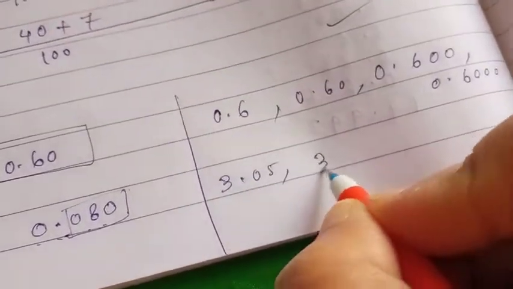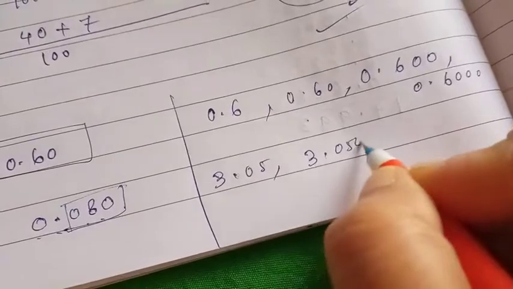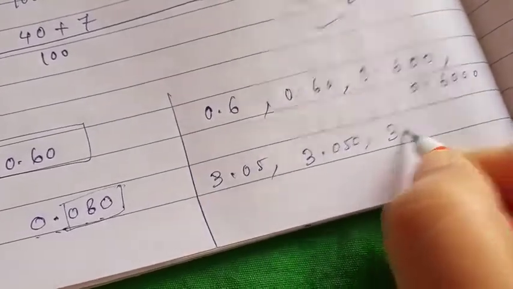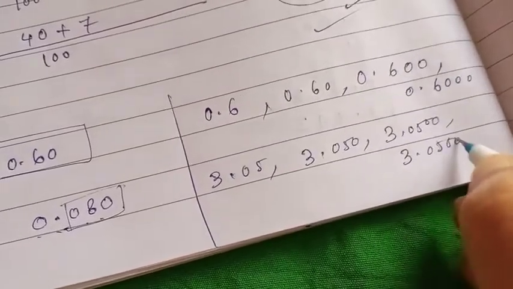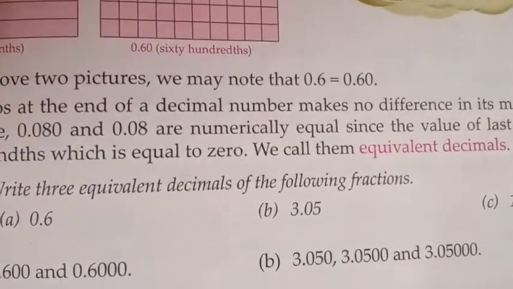The next equivalent decimal would be 3.050, then 3.0500, then 3.05000. This is how you write three equivalent decimals.